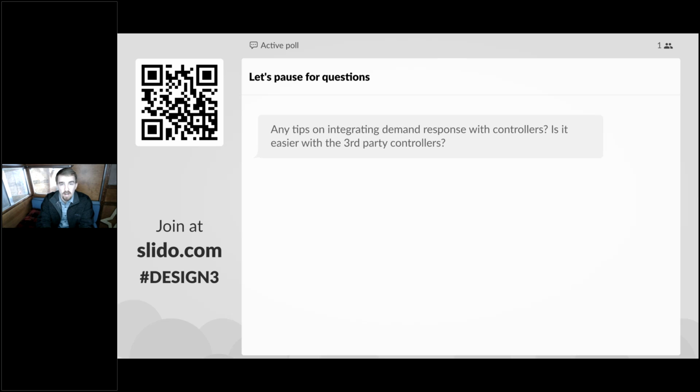So I would say there's definitely going to be some really heavy coordination required between the manufacturer and the controls contractor that will be carrying out the sequence for this demand response controller.